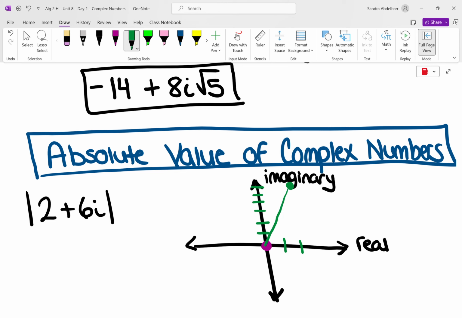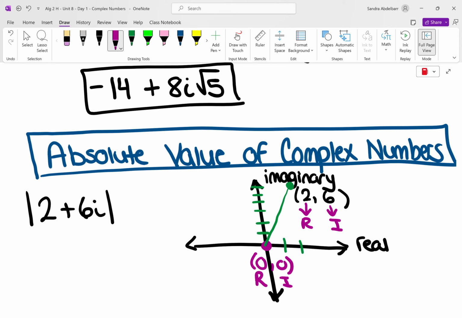And we want to know how far is that 2, 6. So 2 is our real, 6 is our imaginary. How far is that from 0, 0, real, imaginary? Isn't this just like slope, just the rise over run?